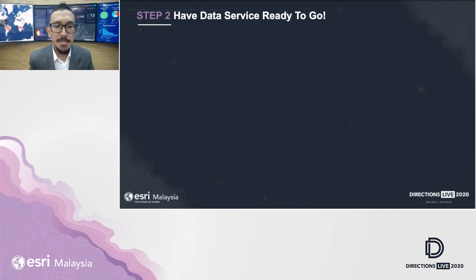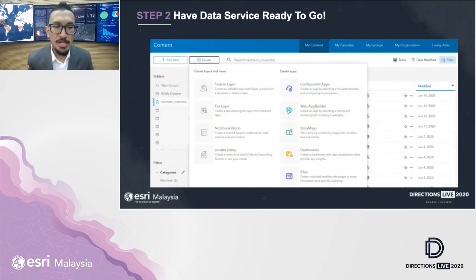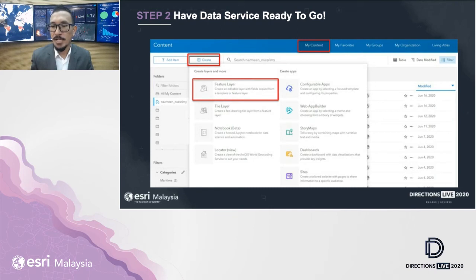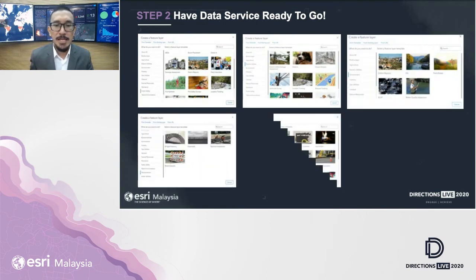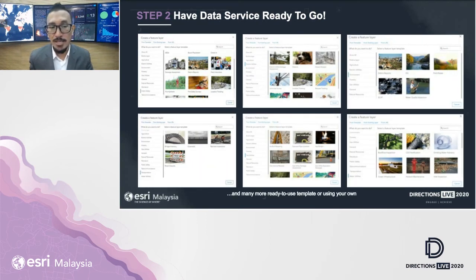Here are simple steps to access the template: go to My Content in your ArcGIS Online, choose Create to create a feature, and choose Feature Layer. From here, you can see a lot of templates that have been grouped by industries such as public safety, gas utilities, transportation, environment, and many more.